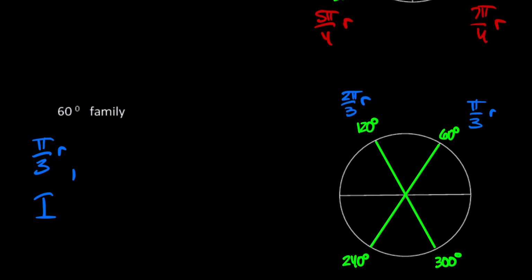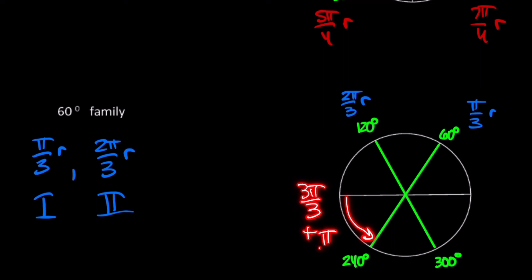So these two are equivalent. 2 pi over 3 radians is the same as 120 degrees. So 2 pi over 3 radians, that's in quadrant 2. We already discussed that would be 3 pi over 3. It's not one of my special angles, so I have to go one more. 3 pi over 3 plus pi over 3. Well, that's 4 pi over 3.